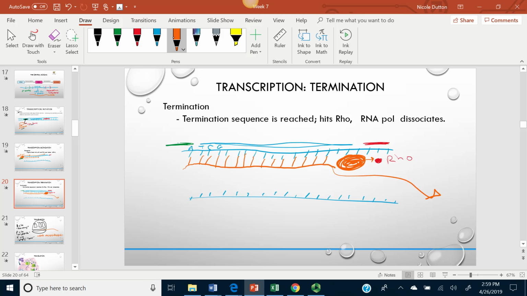So A would bond with U, T would bond with A, C would bond with G, and G would bond with C. And this is how we copied the DNA. So our DNA sequence was first, and we copied it to make a complementary sequence of messenger RNA. Well, now we're going to read this complementary sequence of messenger RNA and turn it into a chain of amino acids.